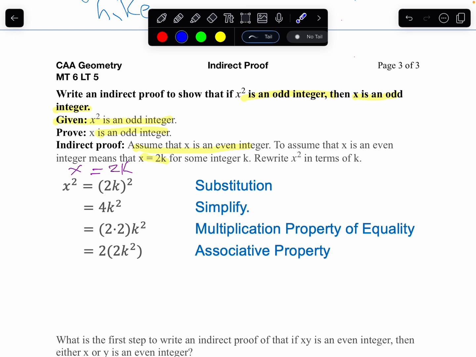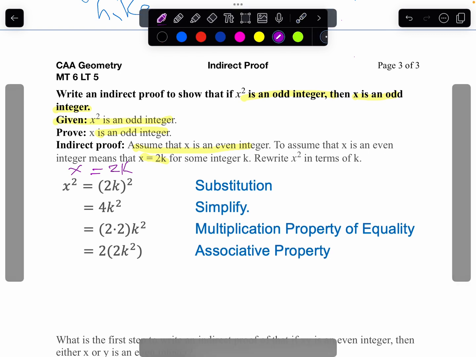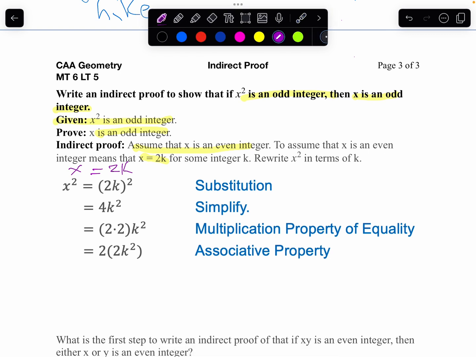Uh-oh, do you see the contradiction? The contradiction says, our hypothesis said that x squared was even. But, I'm sorry, we said it was odd. But when you multiply by 2, that makes x squared even. This makes x squared even because we're multiplying by 2.